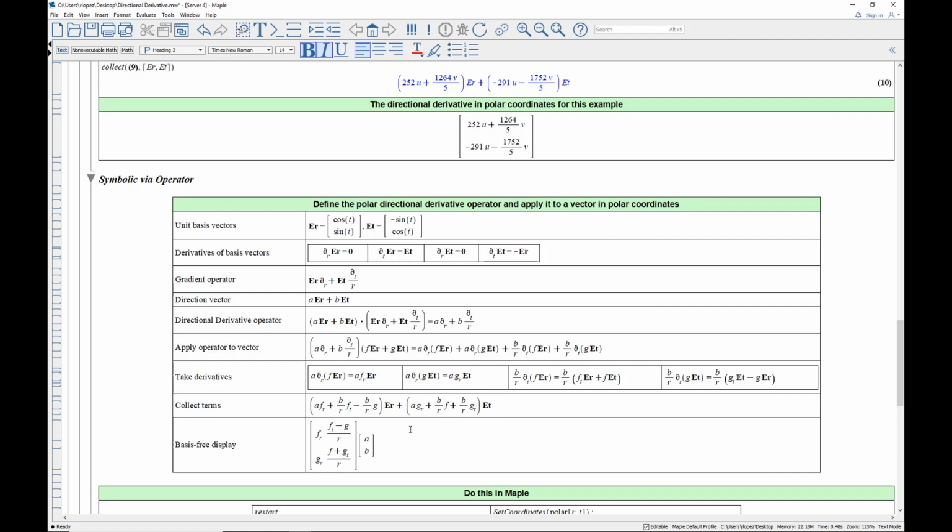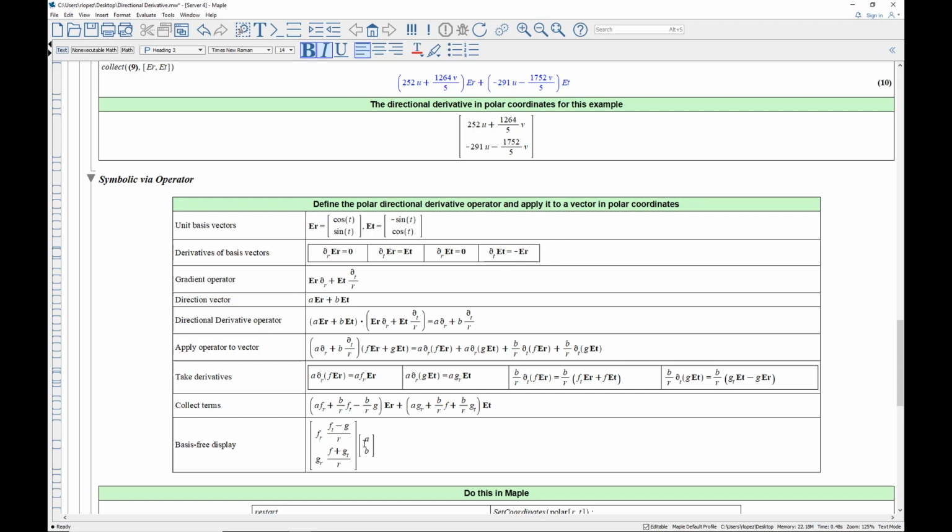And if you want to put that in a matrix times a vector, then here you'll have f_r, and from here you get a g_r, and then these terms: f_theta minus g over r, f plus g_theta over r.